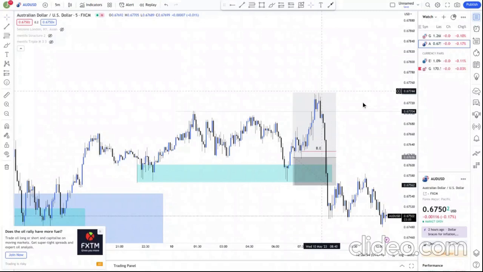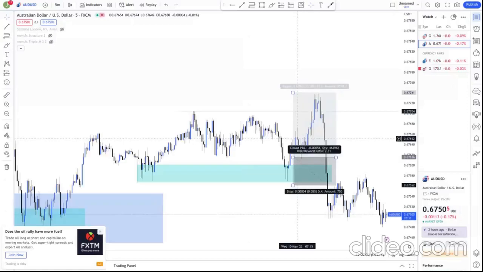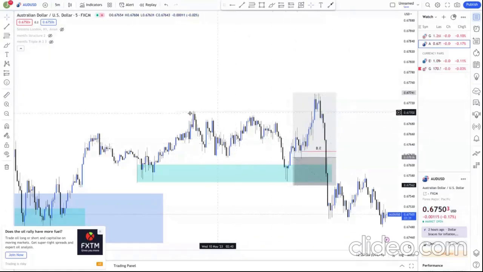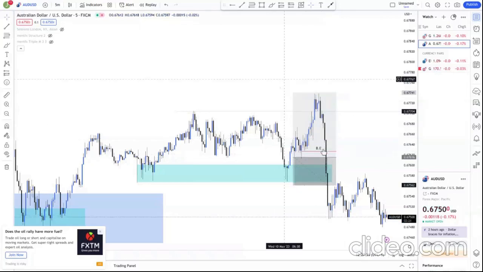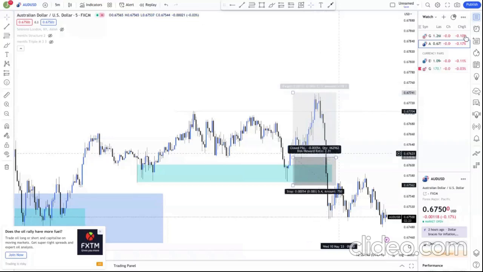I came back. I broke even because normally when my first liquidity point is taken, I like to break even to secure myself from taking any loss, which price eventually sold back down and stopped me out on break even.